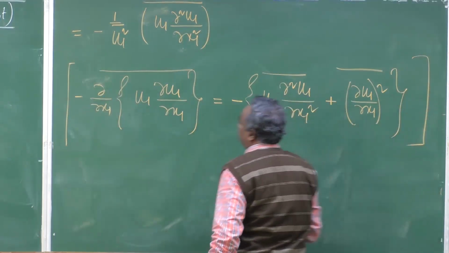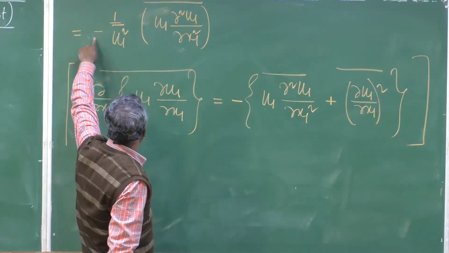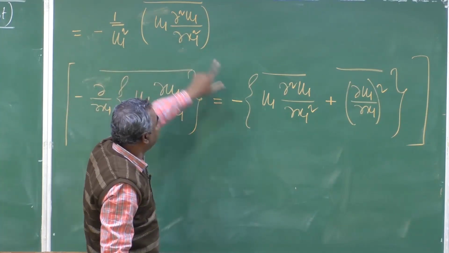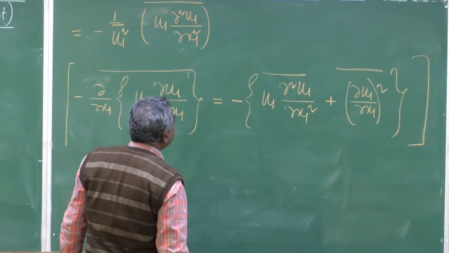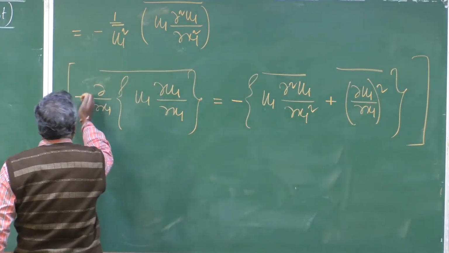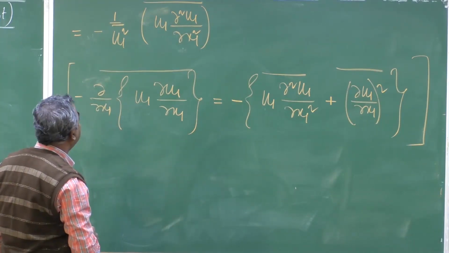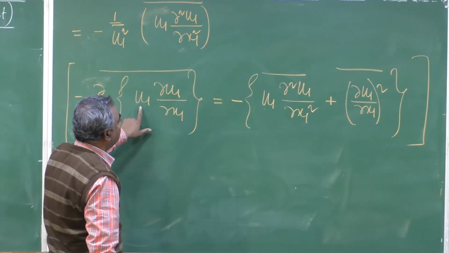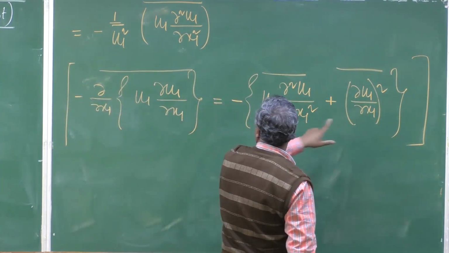So, you see what is going on. That means minus of this quantity is nothing but is this. That means minus of this or U1, okay, this is fine and this is fine.